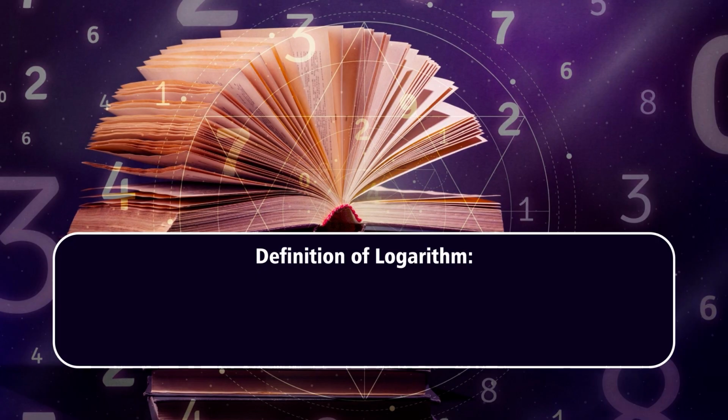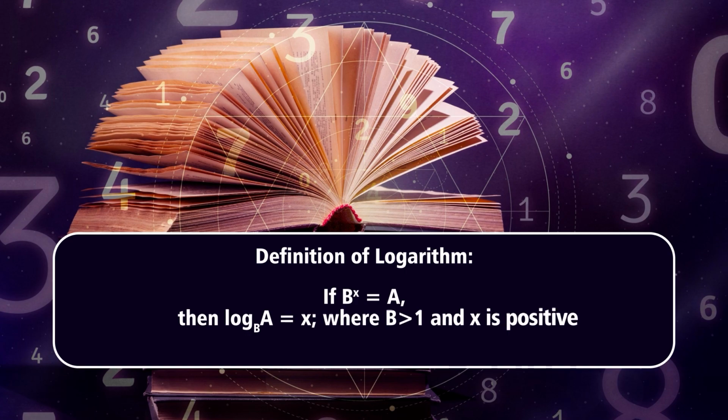So if we want to define logarithm, take the case: if b to the power x is a, then if we take log of a with the base b, the b for which we are finding the exponent value, it is going to be the value x. Note one particular thing: b has to be greater than 1 and x is positive in all these cases, right?